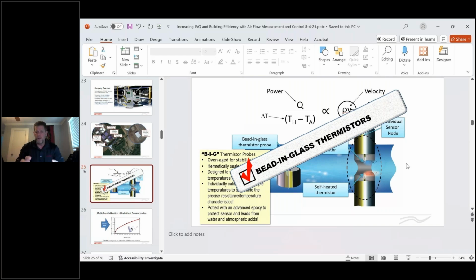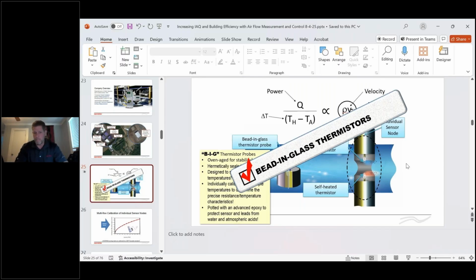So it's a very, very accurate way of calculating the velocity through that sensing node. Once you know how many sensing nodes you have and the area of the duct, you can calculate your volume, right? Your velocity times your square foot is going to give you the volume. How many CFM do I have flowing through that space? So it's a very accurate way of measuring your CFM.